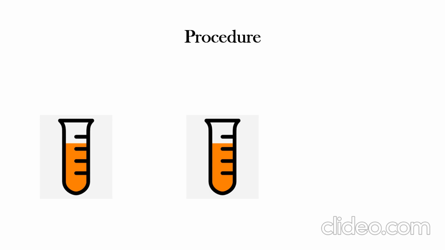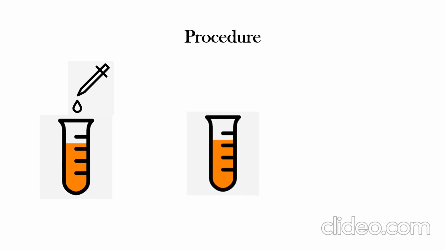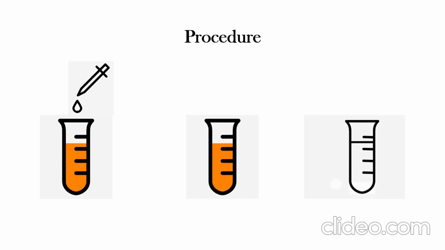Here I show that there is bromine water in the test tube, and with the help of a dropper the sample is added into the bromine water. Next, we shake the test tube, and there is a decoloration of the yellow bromine water solution. It shows that the sample added to the bromine water is unsaturated.